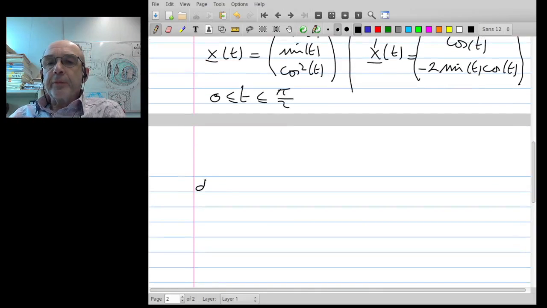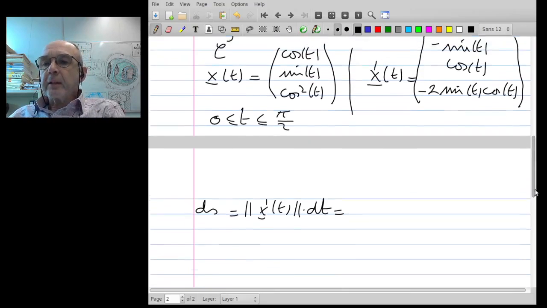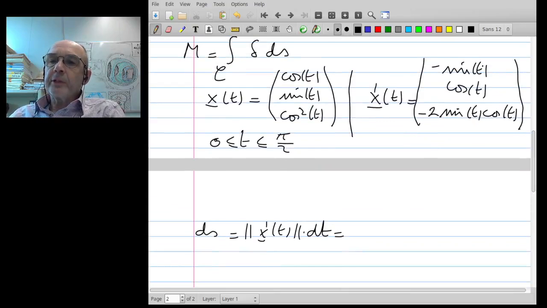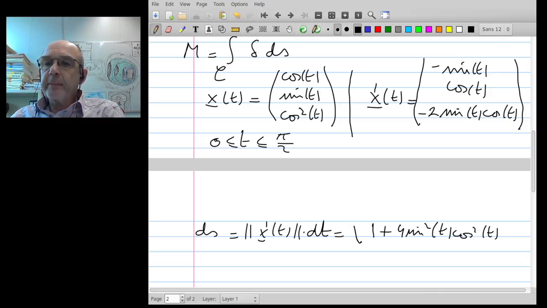So ds becomes the length of the velocity vector times dt. If you calculate the length, you get sine squared plus cosine squared, that is 1, and then the other term squared gives you 4 times sine squared times cosine squared, dt. This is the length of the velocity vector times dt.